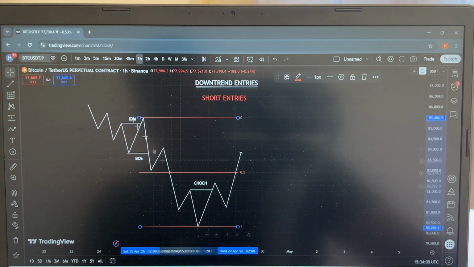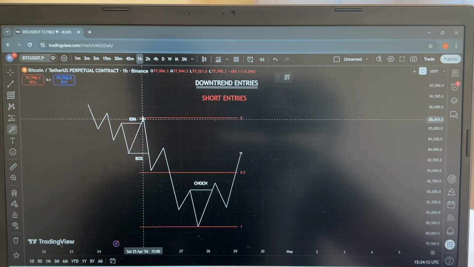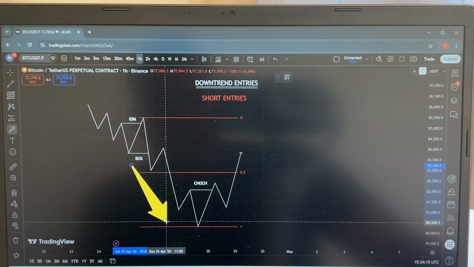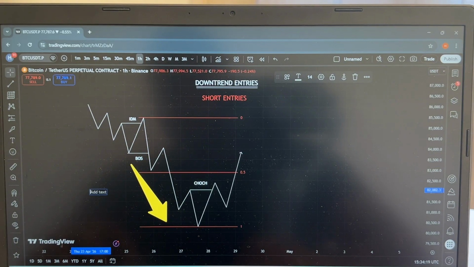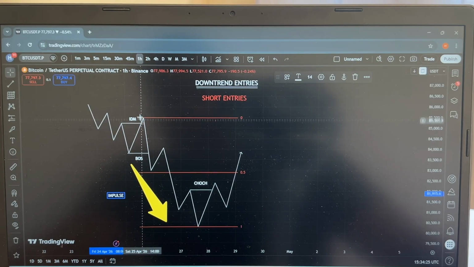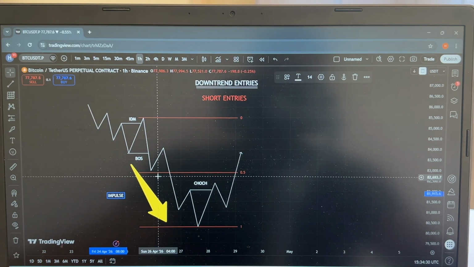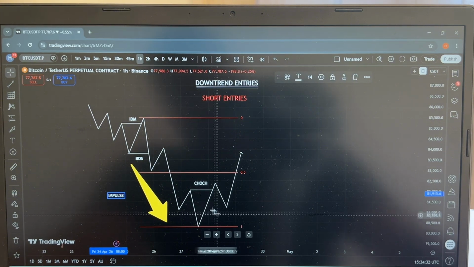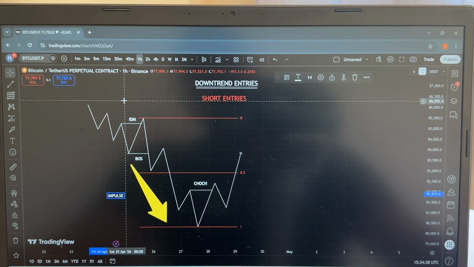So from this level to this level is the impulse. Between that only we try to find those entries, those order blocks, those FVGs, extreme order blocks.